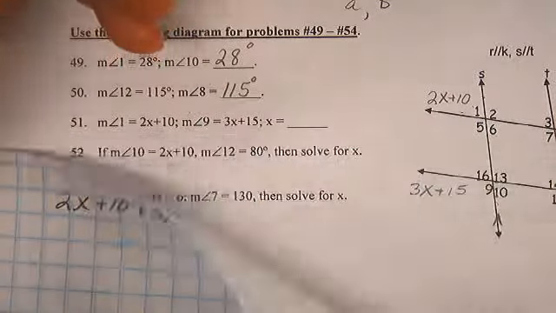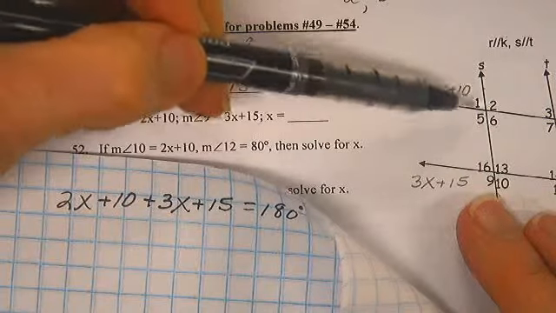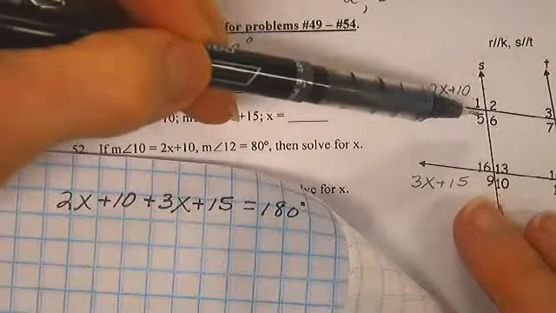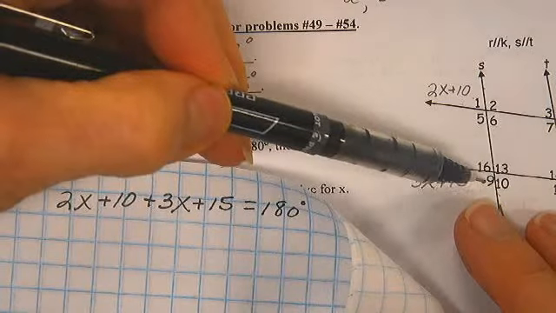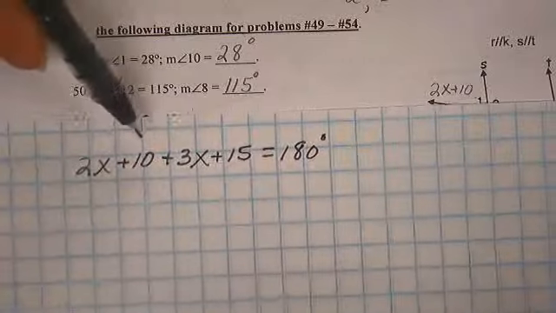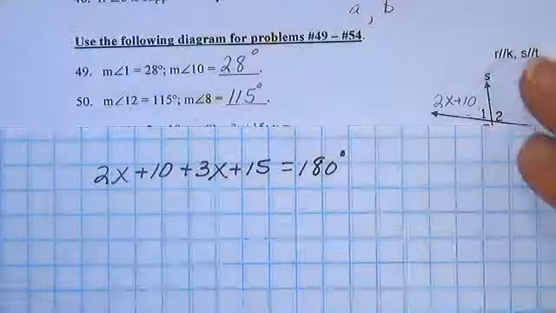How do I know? Because 1 and 5 make a linear pair. 5 and 9 are corresponding angles. So my equation is true. This gives me, I think you need the light now.